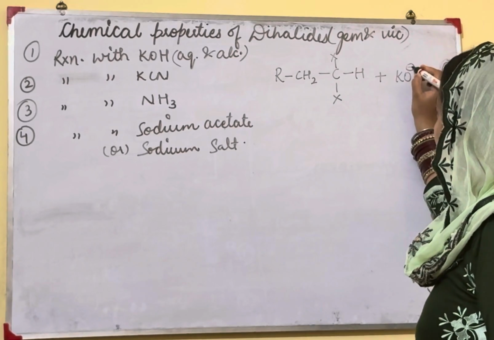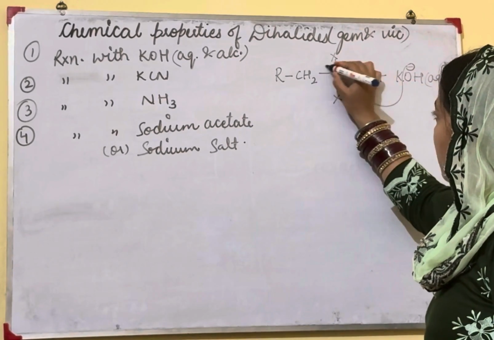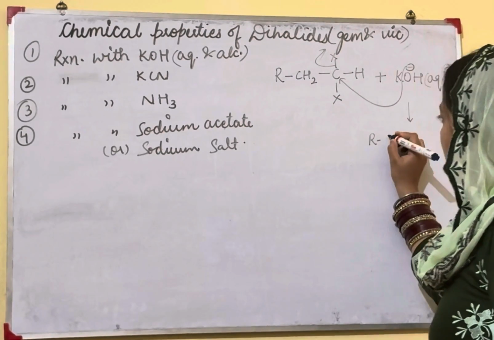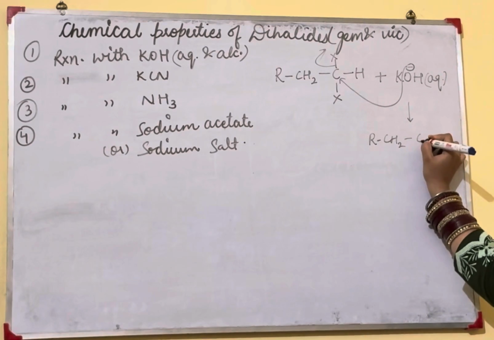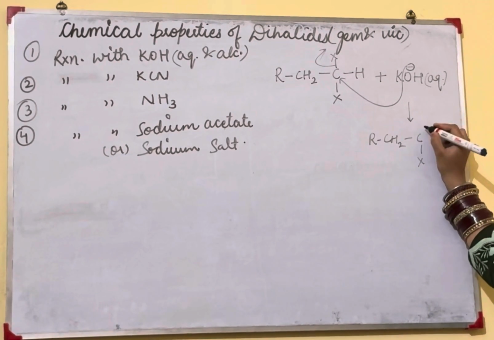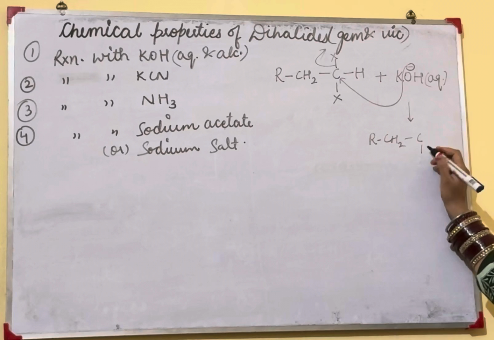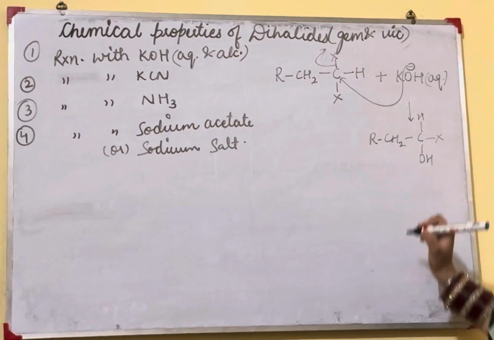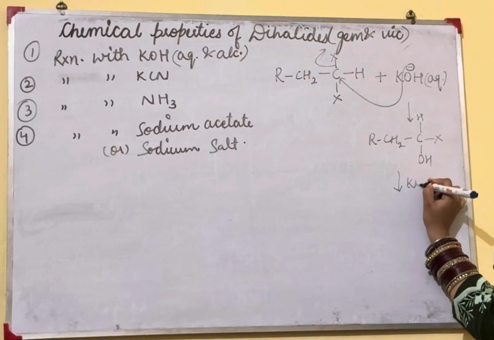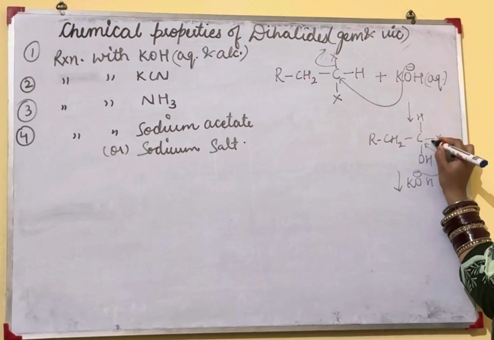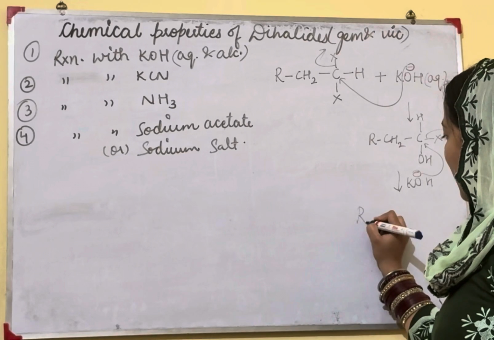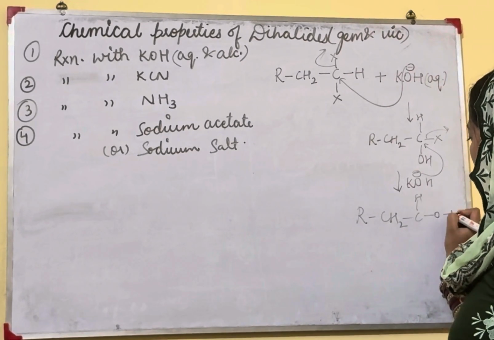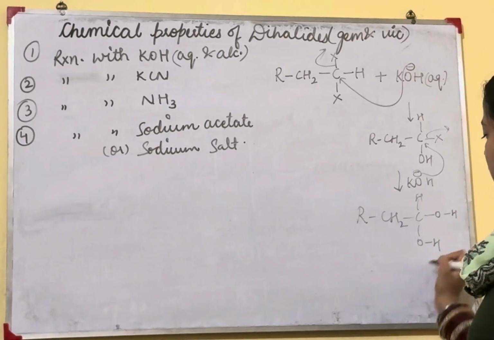This OH negative will attack on this carbon and this halogen will be removed. Then we get R CH2 CXXOH. A similar step will take place. KOH negative will attack here and this will move outside. You will get R CH2 CH(OH)2.